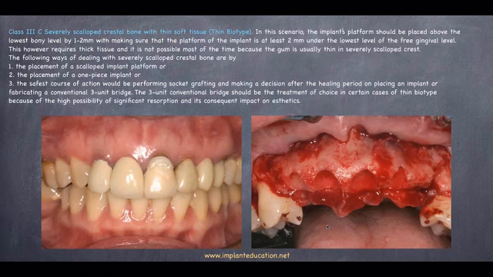All right, and class 3 of this classification, again, is class 3C, where you have a thin biotype. You can see in this clinical case, the gum is very thin. You really do not need to see the patient to know if he or she has a thick or thin biotype. Looking at the photo would be adequate.